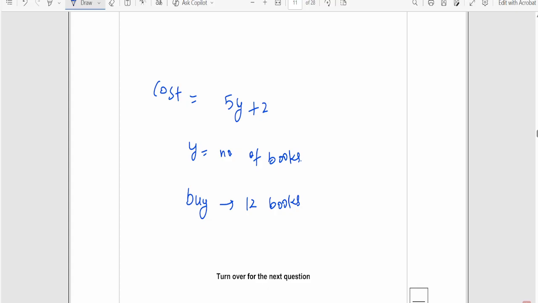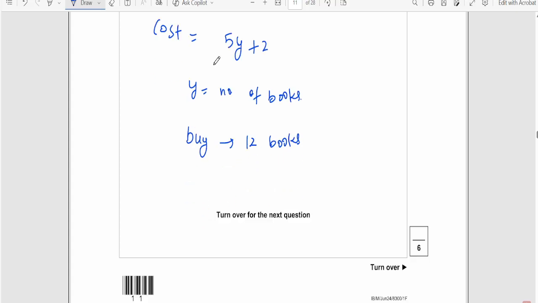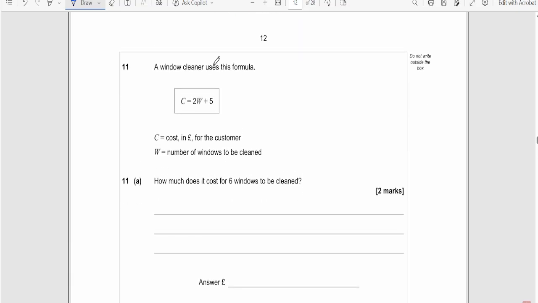Could you show me an example of how you do it? Okay, this one, in place of w we plugged in 6 because there were 6 windows and w was the number of windows. So we do 2 times 6 plus 5 is equal to c, right? Okay.